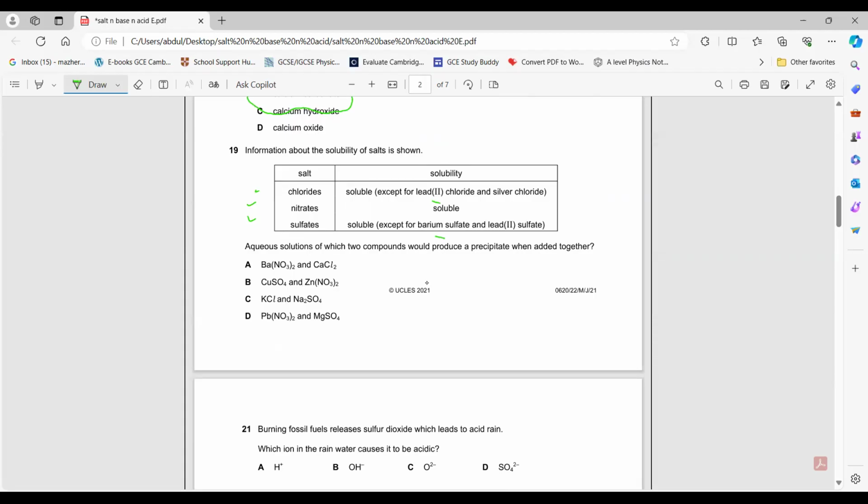It's the same question that I told you right at the start, before starting the lecture, that they are always made by mixing two soluble salts and we get a precipitate and a soluble salt. So which of these is it where both are soluble and after reacting would give a precipitate? Is it B?